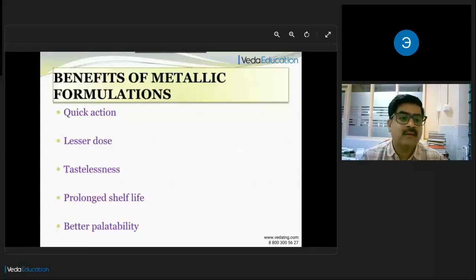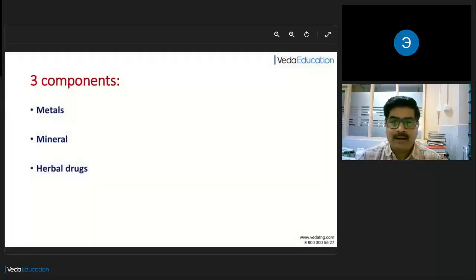Okay. So usually there are 3 components in the preparation of these herbomineral drugs. One is the metals, the second one is the minerals, and the third one is the herbal drugs.